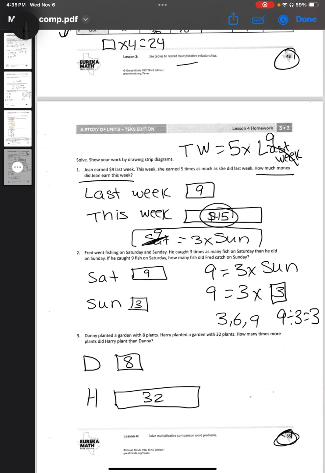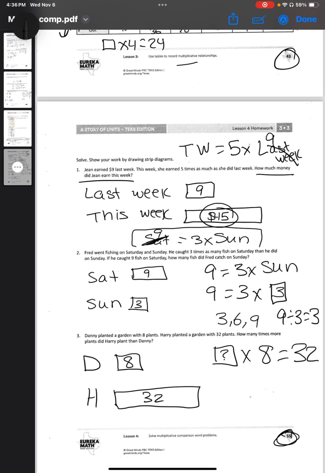How many times more? There's an unknown there. How many times more plants did Harry plant than Danny? So how many times do we need Danny's plants to get to Harry's total? Well, we have something times 8.